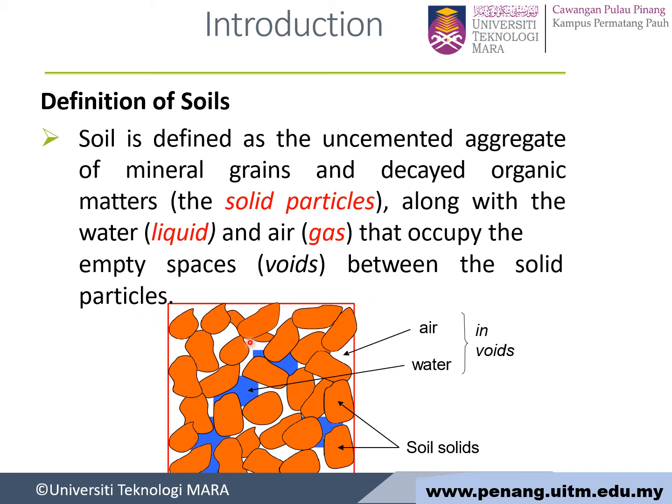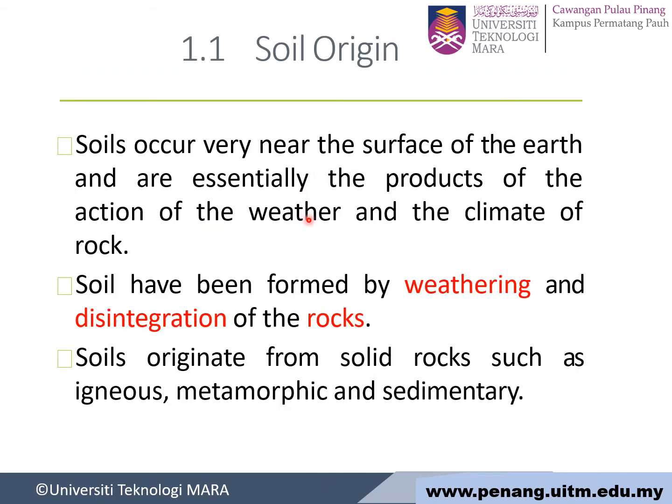So if you see here, for definition of soil, we have a combination of air, water, and also soil solids. Air and water are in the void area, which is the empty spaces. Soil origin. Soils occur very near the surface of the earth and are essentially the product of the action of weather and climate on rock.